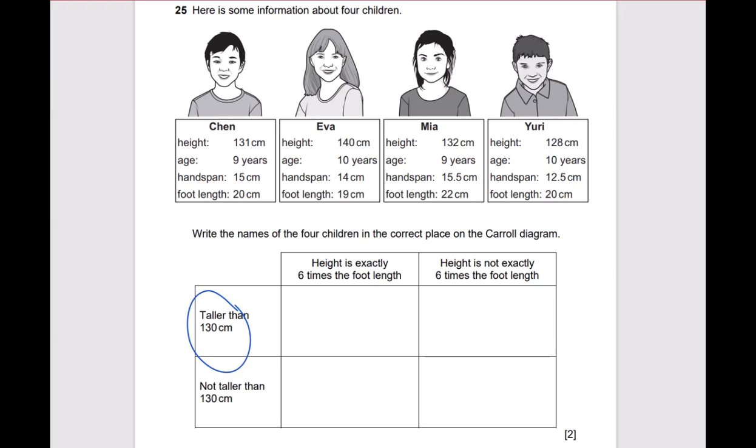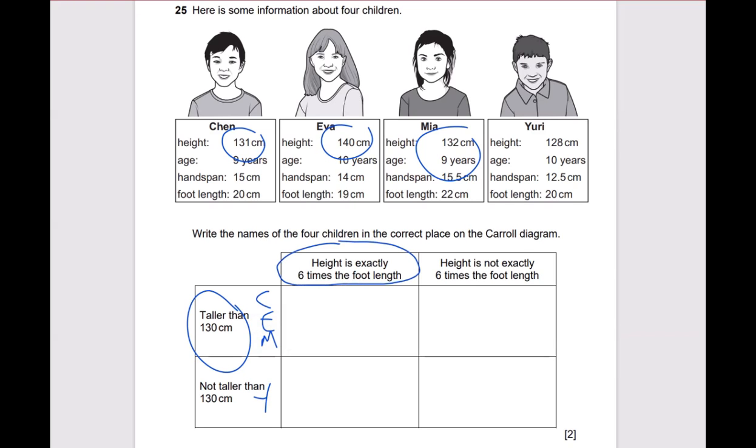Taller than 130. This one yes. This one yes. This one yes. So we have Chen, Eva, and Mia here. Not taller than 130 means we have only Yuri. Now, height is exactly 6 times the foot length.